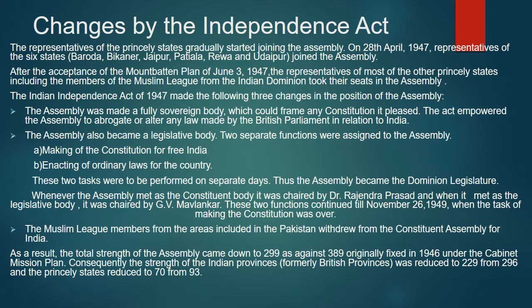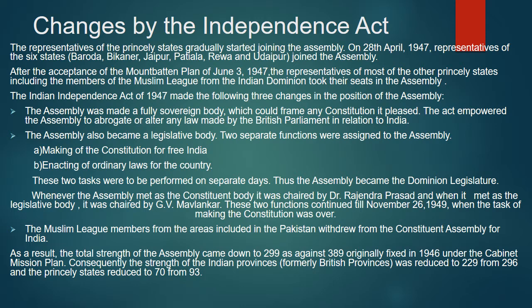Whenever the Assembly met as the constituent body, it was chaired by Dr. Rajendra Prasad, and when it met as the legislative body, it was chaired by G.V. Mavlankar. These two functions continued till November 26, 1949, when the constitution was accepted.